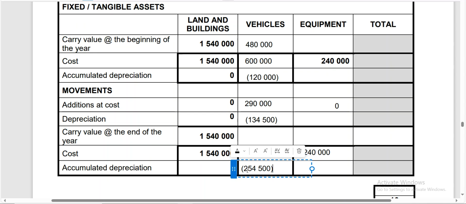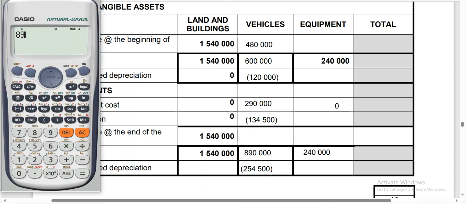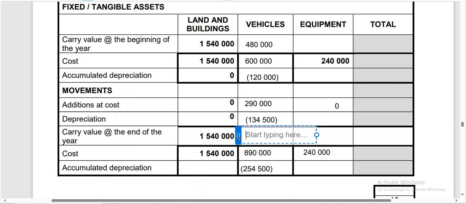Then we can easily get our carrying value. 890,000 minus 254,500 is going to give us the carrying value. It is giving us 635,500. So we're going to have our carrying value here as 635,500. Then our answer here has been recorded, so we are good to go.